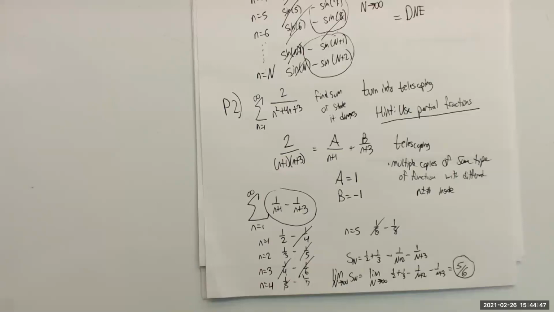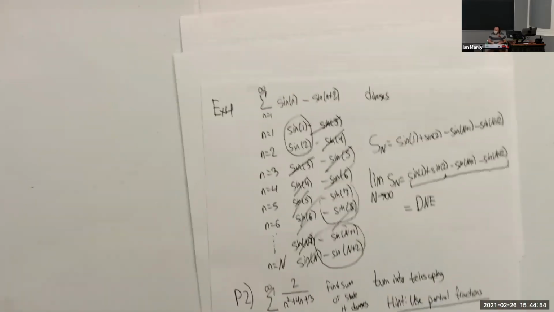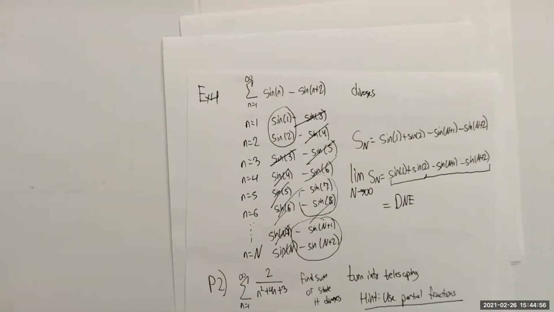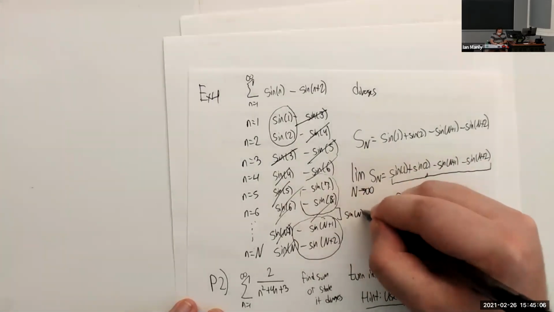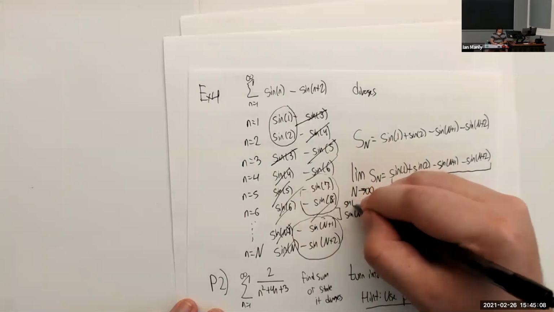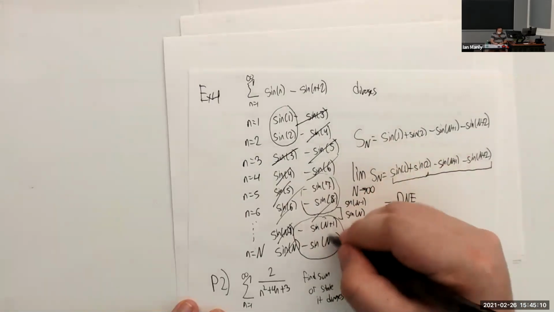Yeah, I had a question, Professor, about example 4. All right. I'm not sure how you crossed out sine of n and sine of n plus 1. Oh, so if I would have kept writing these back, in here I would have had a sine of n and then a sine of n minus 1 back in this column.